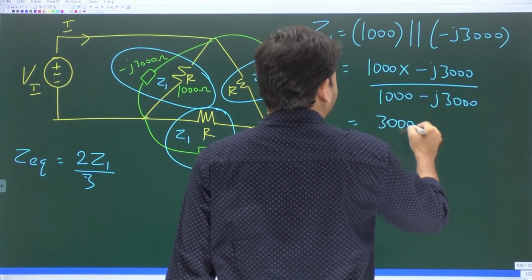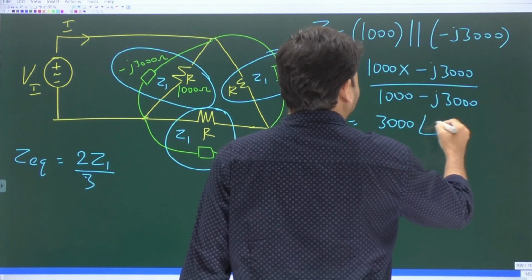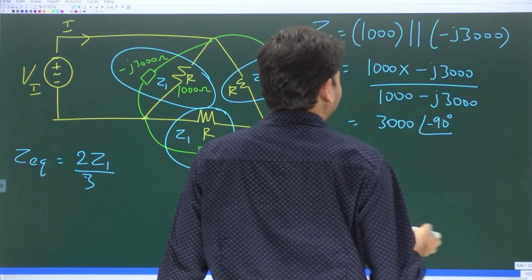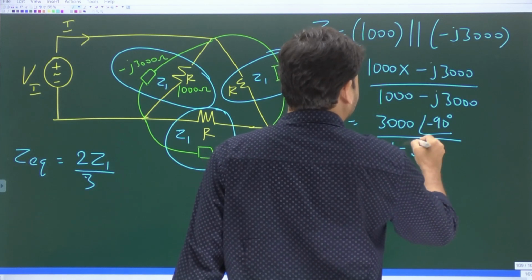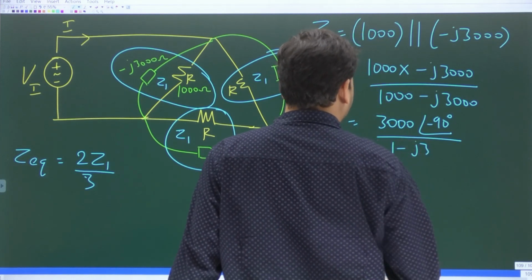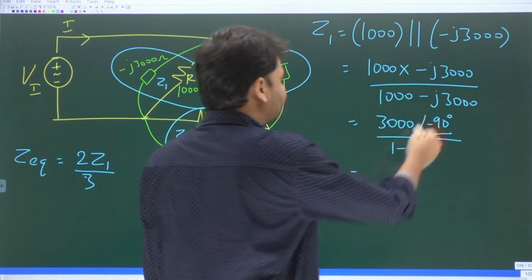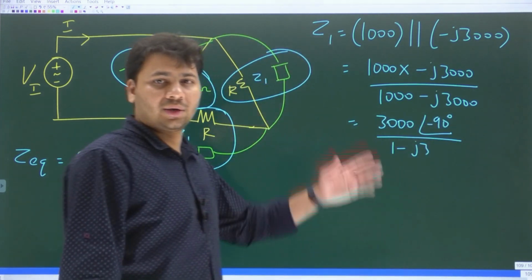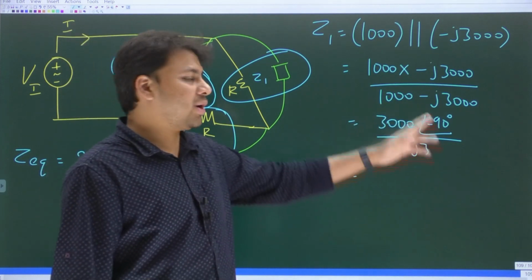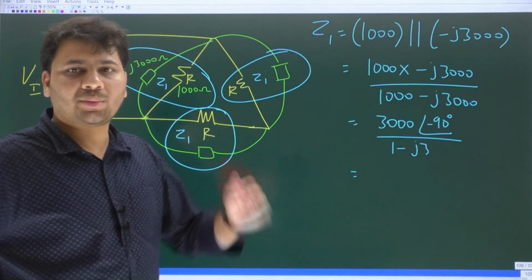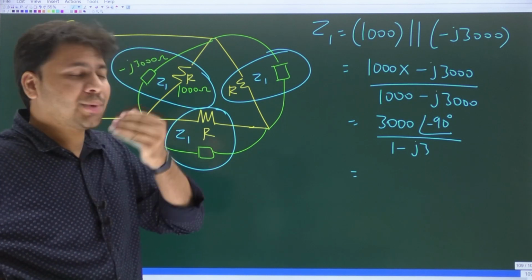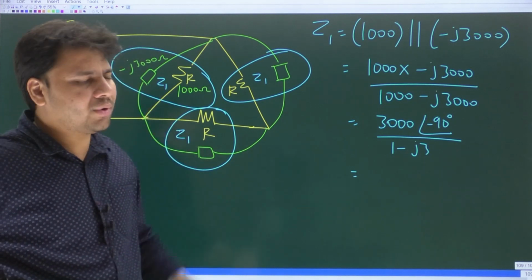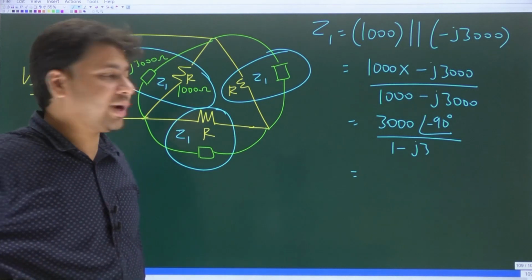So will it not be 3000 at an angle minus 90 degrees divided by 1 minus j3? Because 1000 will come out and get cancelled. What will be left? 1 minus j3. What is 1 minus j3 in polar form? First of all, it lies in the fourth quadrant. The angle would be negative.